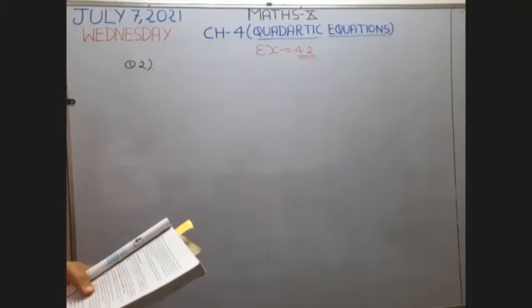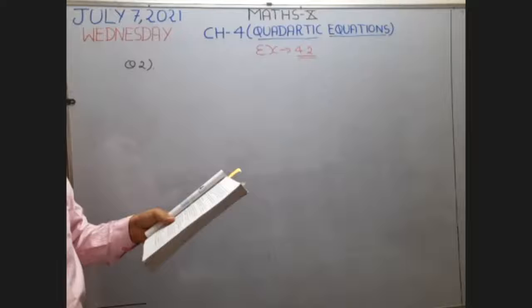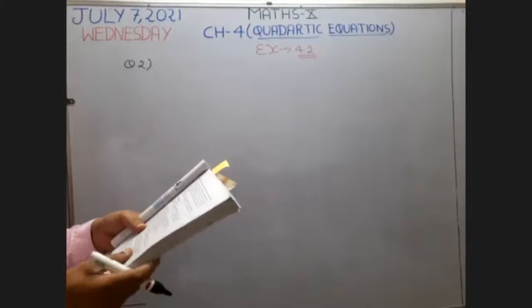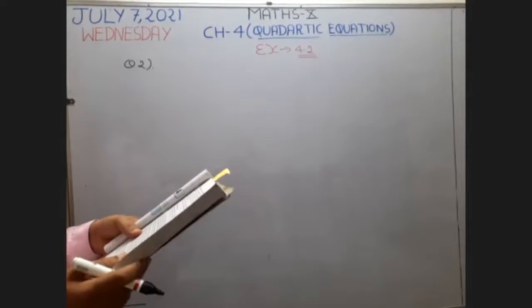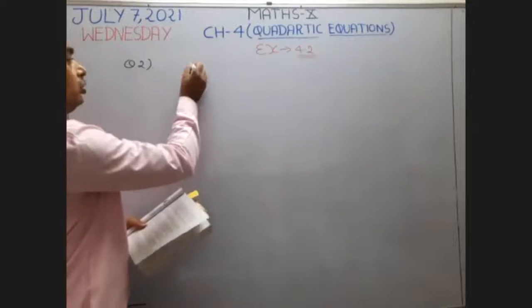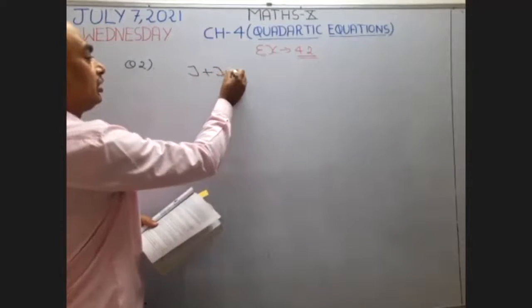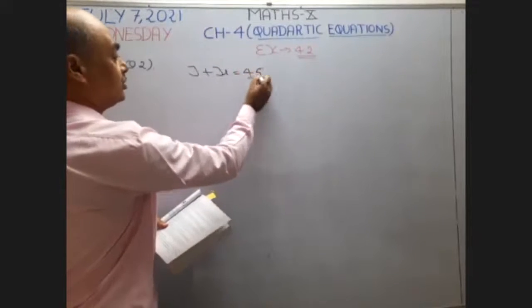I want to read the statement first. John and Jivanti together have 45 marbles. John and Jivanti total are having 45 marbles. It is given in the book.